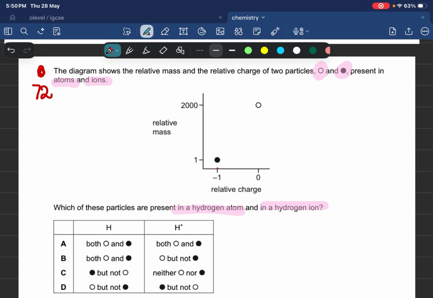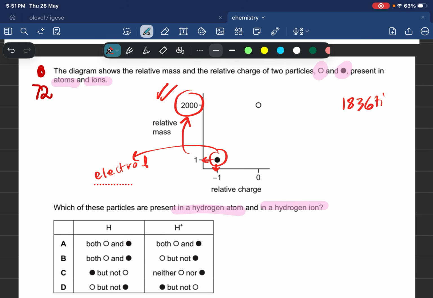This particle has a mass of 1 and a charge of negative 1, so it is an electron. The other particle has about 2000 times greater mass; protons and neutrons are 1836 times, roughly 2000 times, the mass of an electron. So this is a neutron.